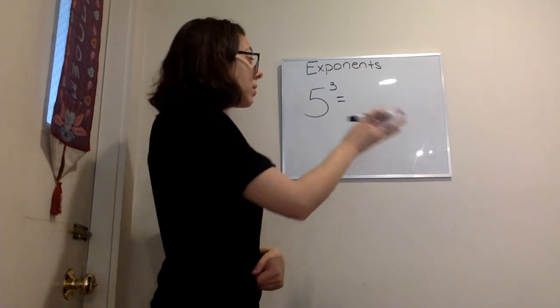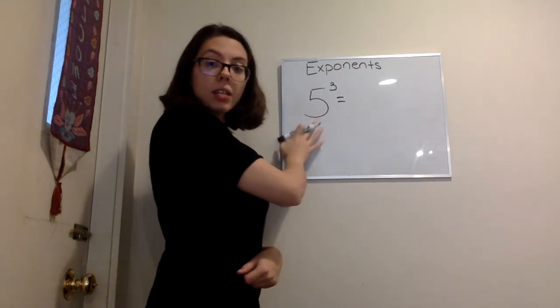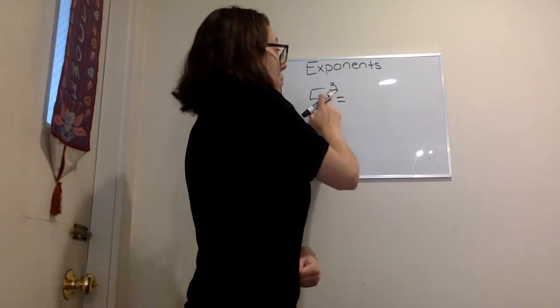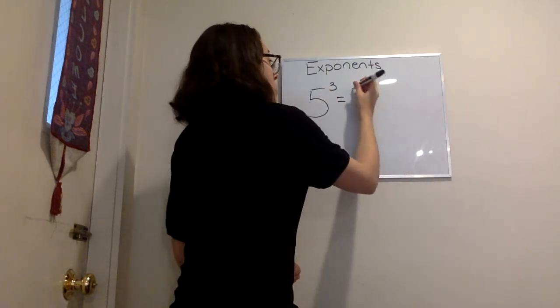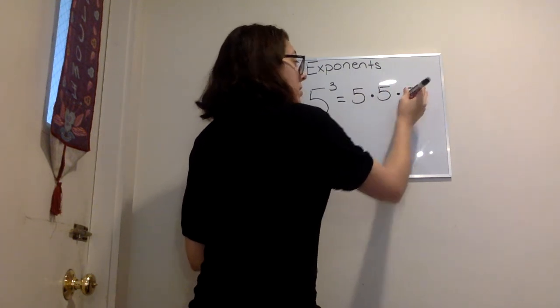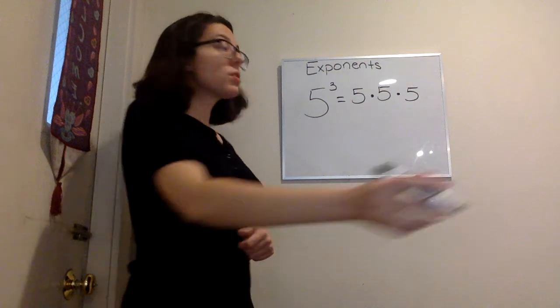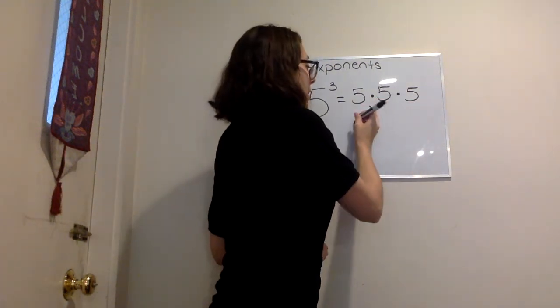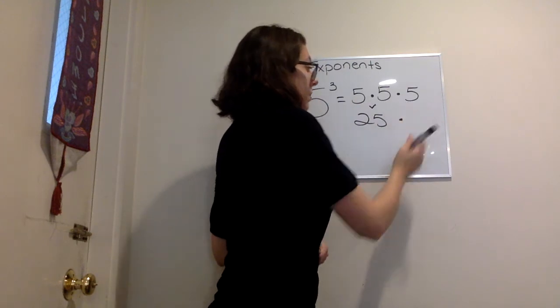But 5 to the third power, our base is 5. This is the number we will be repeatedly multiplying. And we're going to do it 3 times. So we have 5 times 5 times 5. So now we're going to do 5 times 5, and I get 25.